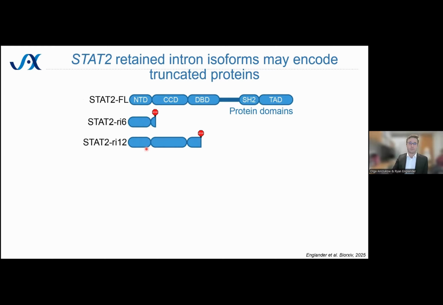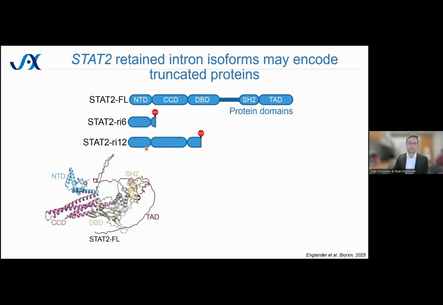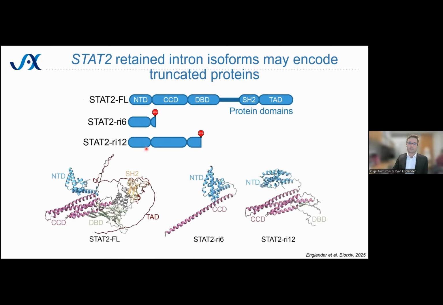And so we took these protein sequences and used AlphaFold to predict what their structures might look like. You can see the full-length STAT2 protein sequence here on the left with each of its different domains highlighted. STAT2 RI6 is a very short protein which has this extended piece of its coil domain that is somewhat disordered and hanging out at the C-terminus of the protein.